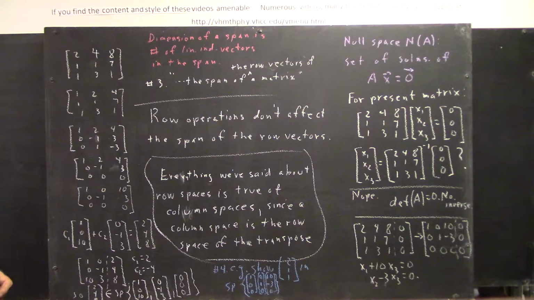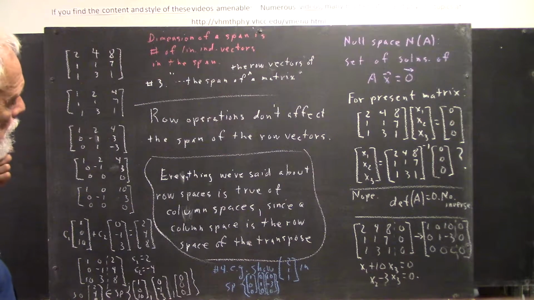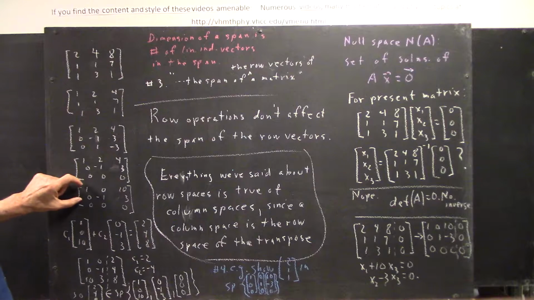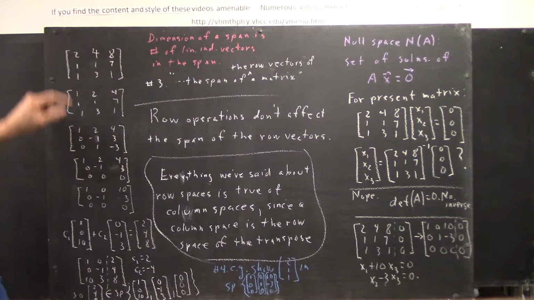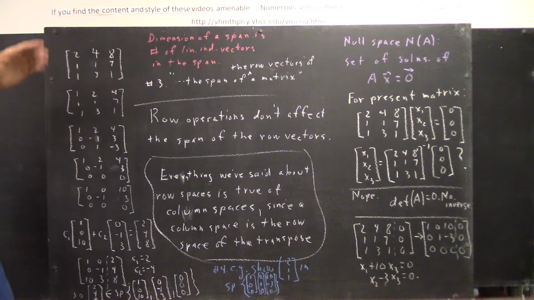Not only that, but these vectors constitute a basis for that span. Okay, we're not sure which two of these vectors we might want to use for a span. We'd have to check. We'd have to pick two that aren't linear multiples of one another. And that would be easy to do.